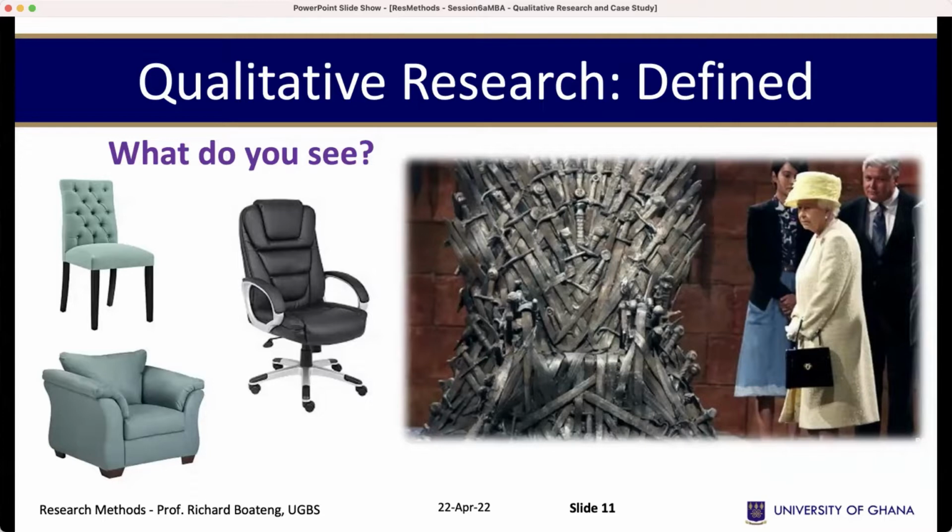What else do you see? Hello, Prof. Yes, please. What I'm seeing is that there are many pieces of furniture, including what they describe, but there are eyes on one of them other than the rest. There are other furnitures here, but there is a particular furniture that people's eyes are on.